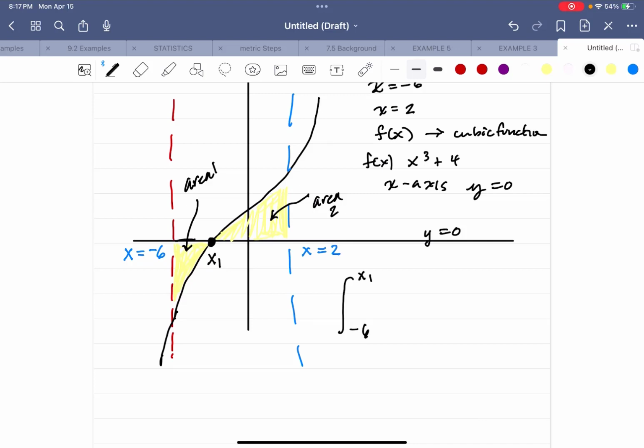And look, y equals 0 is on the top. So 0 minus whatever f of x is, dx. Plus, picking back up at x1, going all the way to x is 2. And in this case, it's going to be f of x, because look, f is on top right here. This function on top, minus 0.